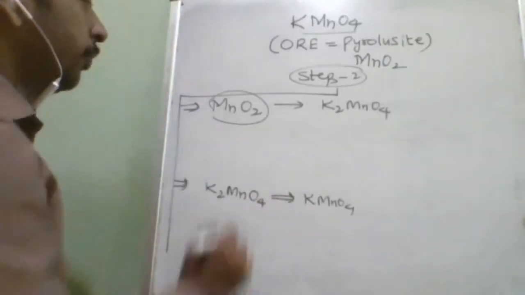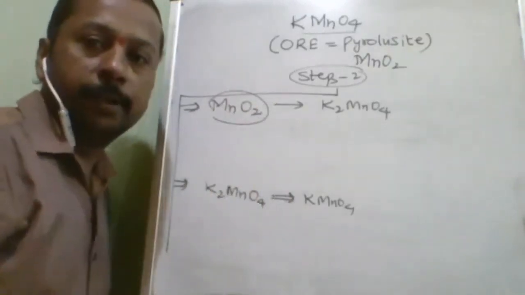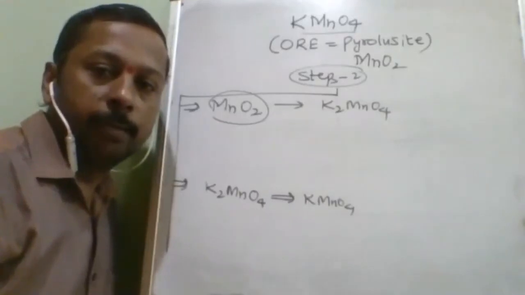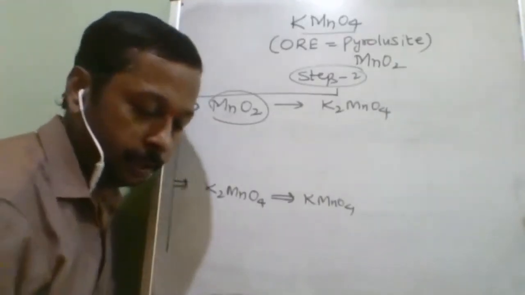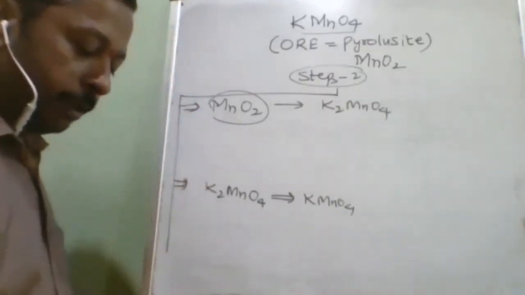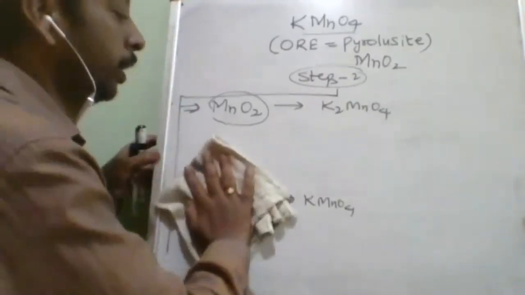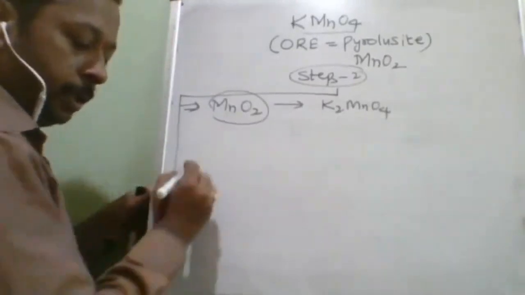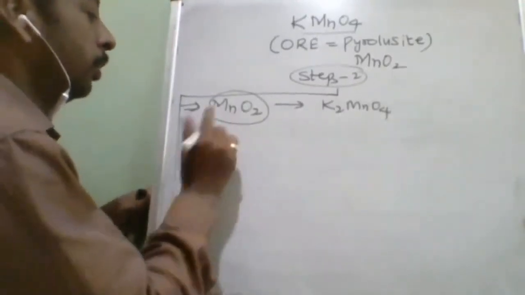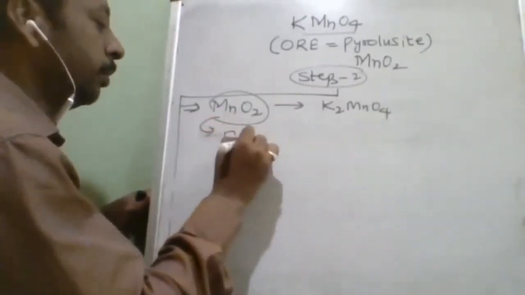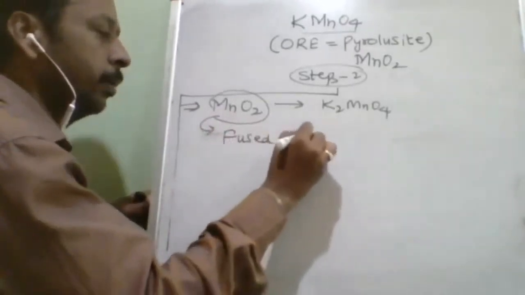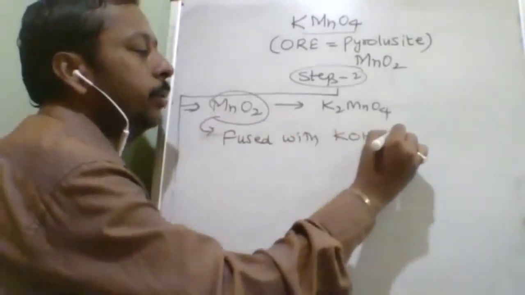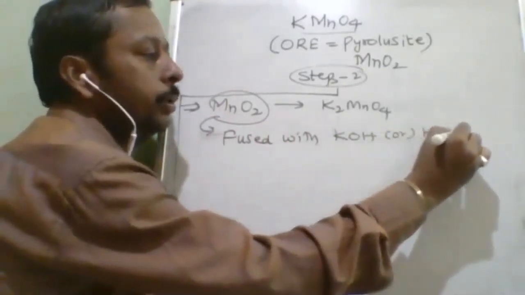For each and every step, there is more than one possibility, so let us see them one by one. First, how to convert MnO2 into K2MnO4. Here MnO2 is fused with KOH. Either you can use KOH or you can use K2CO3.